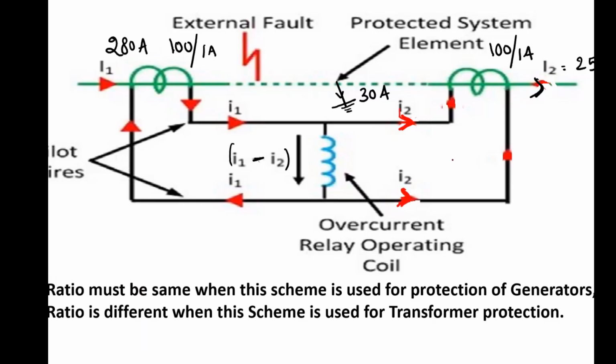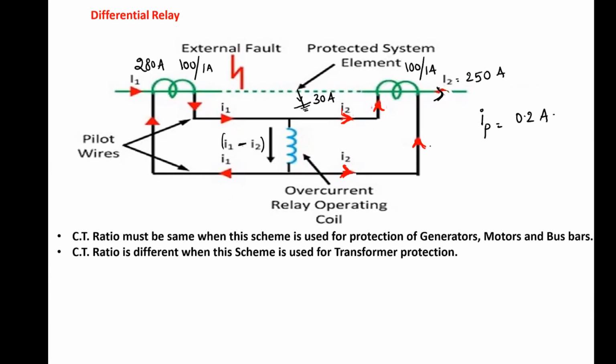Yes, sir. There is a difference between currents, so relay will trip. No, whether it is exceeding the pickup value or not, that you have to check. So here, what is the small I1? 2.8 ampere.